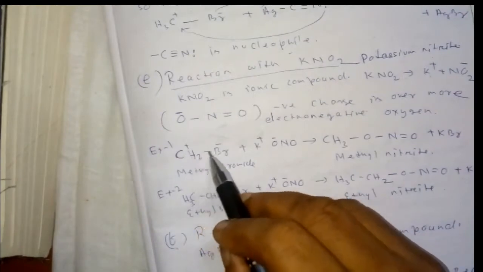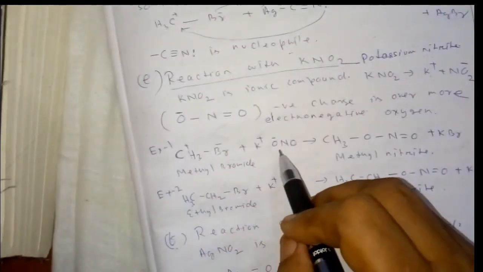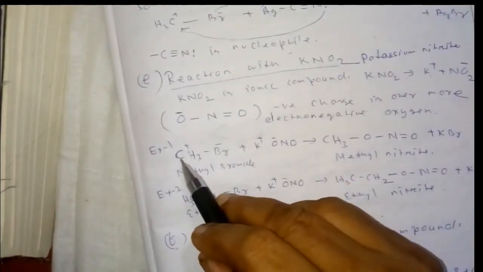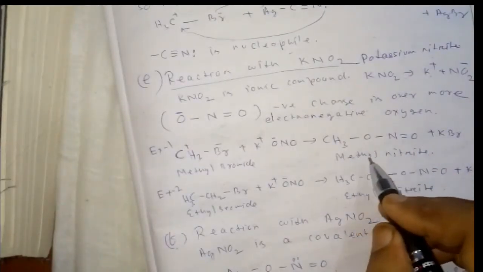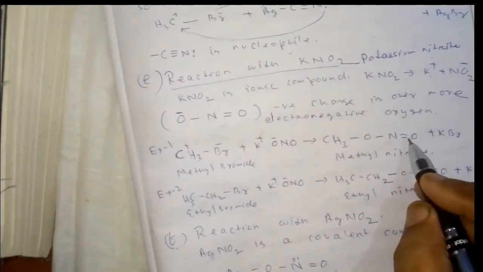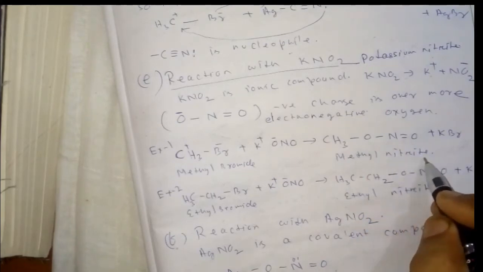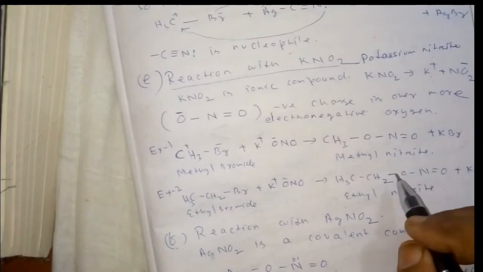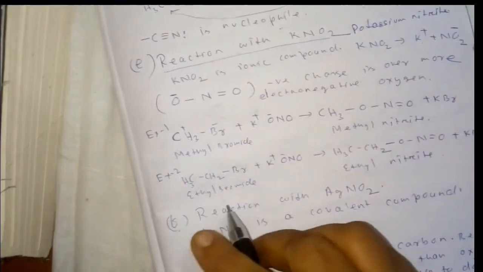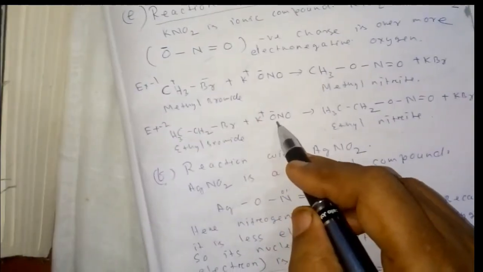Methyl bromide plus K+ NO2−. C is positive, so O− will attack the carbon. We get CH3–O–N=O, methyl nitrite, plus KBr. Ethyl bromide plus KNO2.